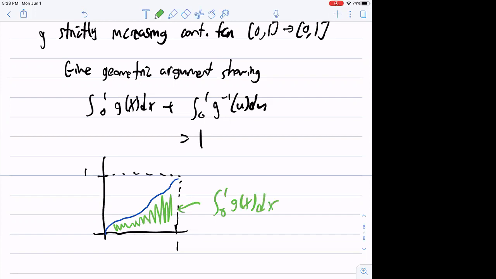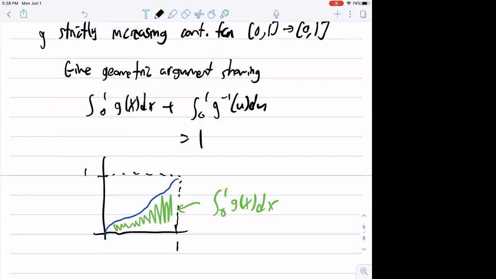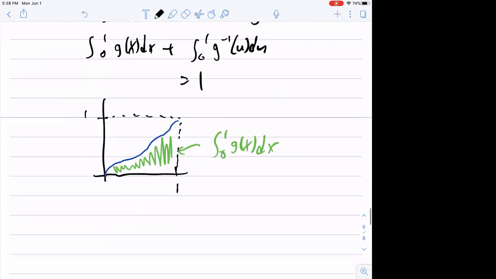Now obviously you can see g inverse should give the other side, but let's see why. Remind me, what does inverse do? If g takes 0 to 1, for example, then g inverse takes 1 to 0. So we swap x and y. What is this integral?